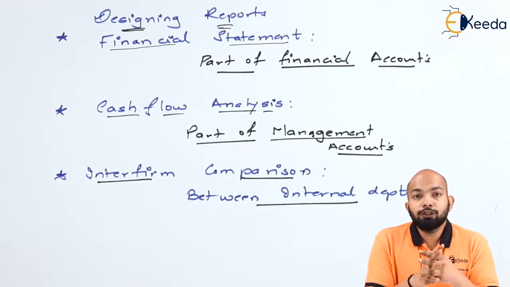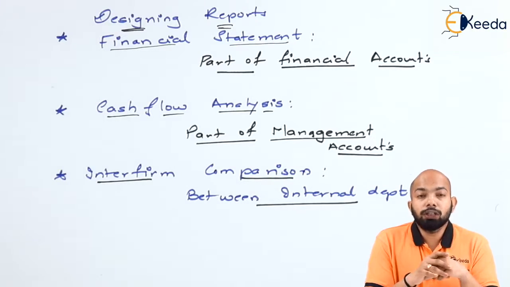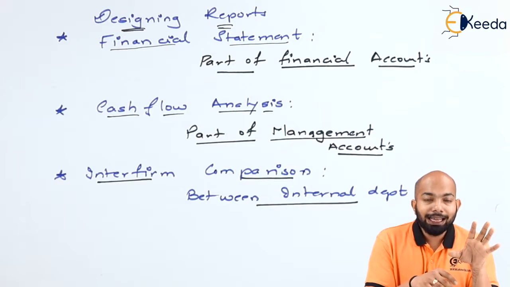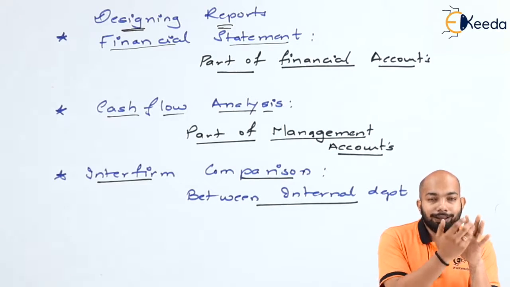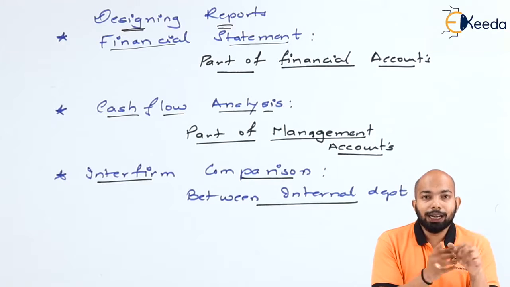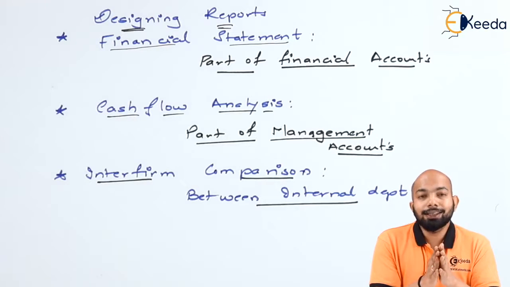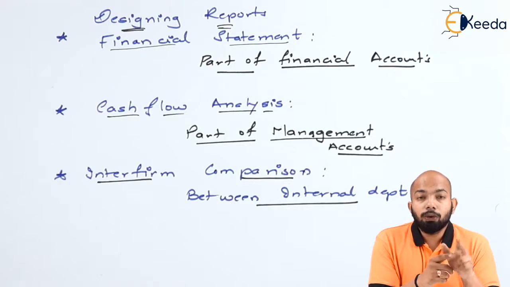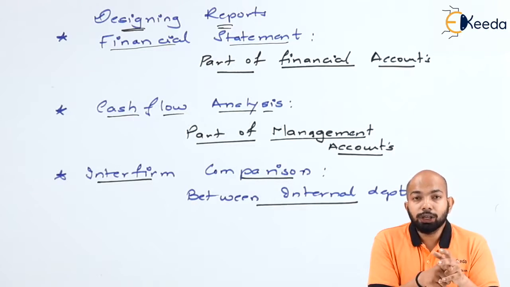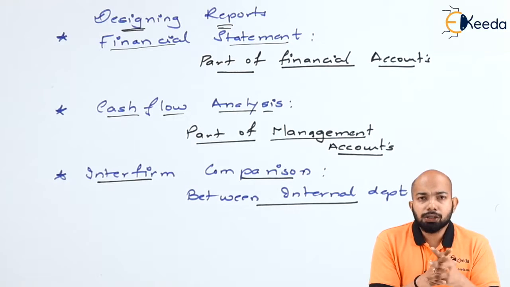When you talk about interfirm comparisons, this report will tell you department A has this kind of parameters and this is the revenue generated. On the other hand, department B has these kinds of revenue generators. These are the parameters that are being followed. So when all these things are taken into consideration, that's when you decide which firm or which department will go ahead with huge allocations of funding or regular allocations of funding.